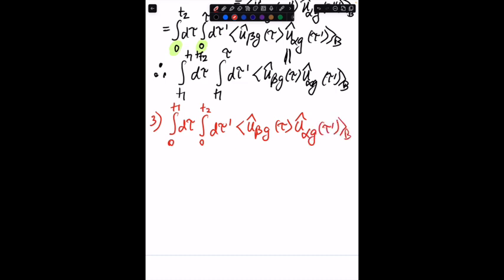We need to deal with integrals of this form. The issue is that we want the integrals to be nested, and in this case they are not nested. Tau runs from 0 to t1 and tau prime runs from 0 to t2.